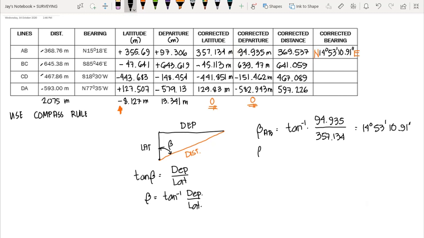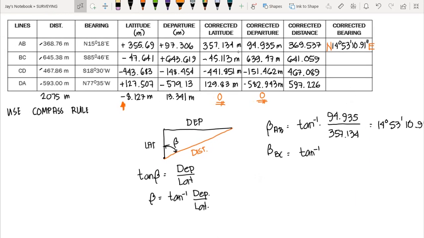For bearing of our line BC, we have arc tangent of the corrected departure here, 639.47 meters, divided by 45.113. Now take note, you must disregard the sign. Okay, you get the absolute value if you want to compute for the bearing.